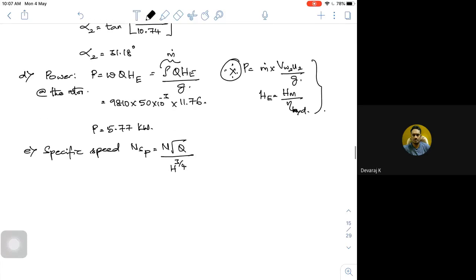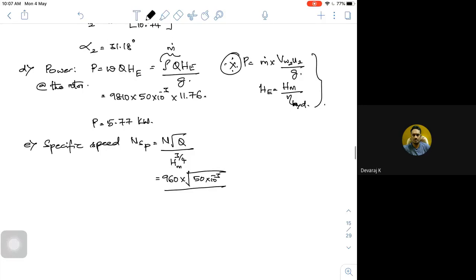So speed is given as 960 into root Q, which is given as 50 into 10 to the power of minus 3. See here, you have to be a bit careful. I have to use manometric head, because the specific speed of the pump uses the head under which the pump is working.